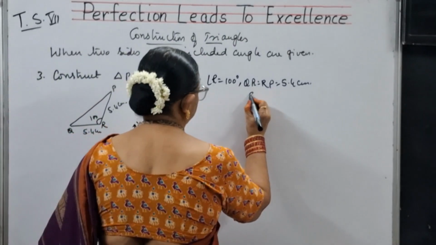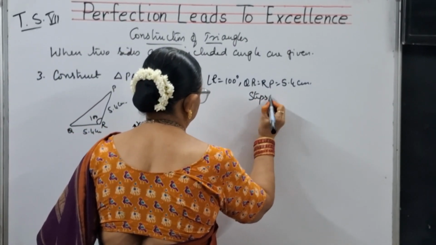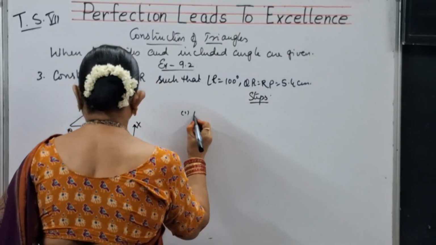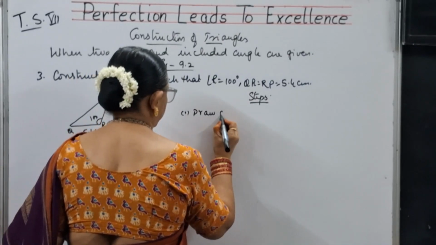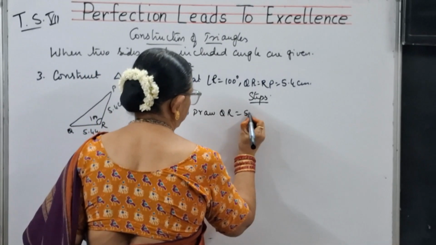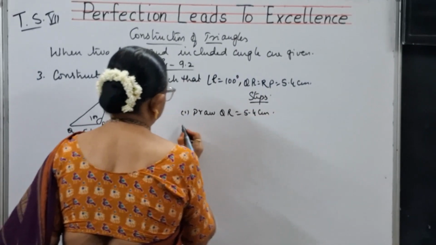Now let us see the steps. First point, draw QR is equal to 5.4 centimeters.